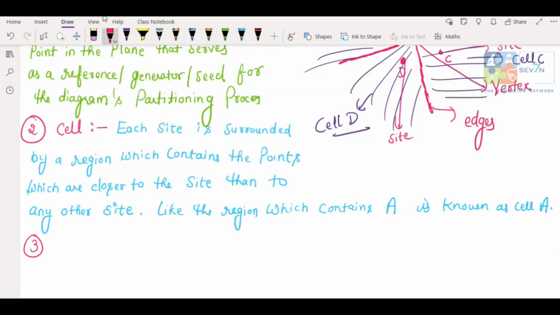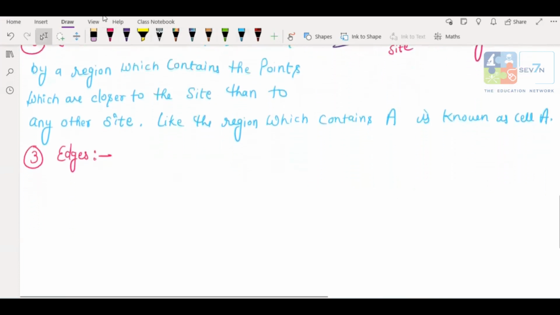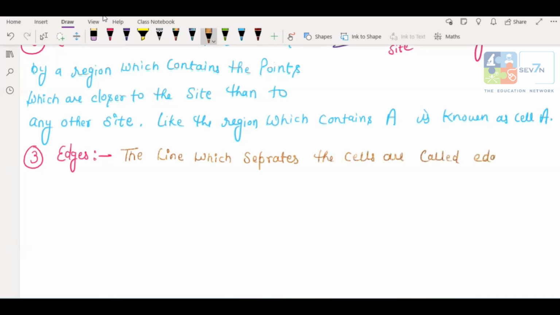So the third one is your most important, edges. If it is clear to you, then you can tell me the definition of edges now. The lines which separate the cells are called edges, correct? The fourth definition now: vertices, or vertex.